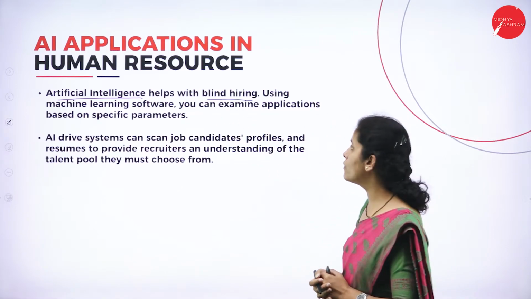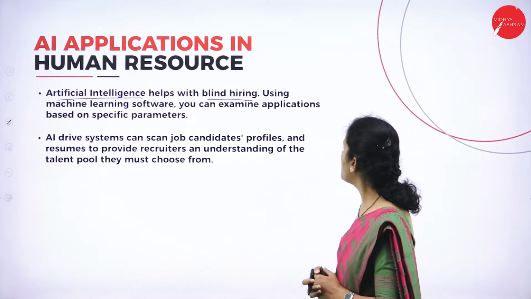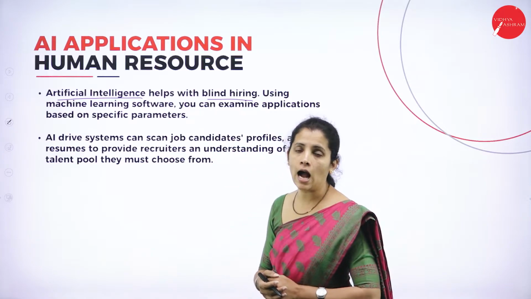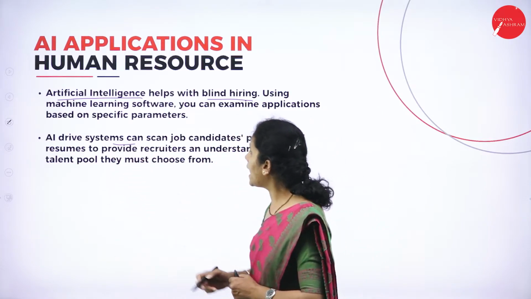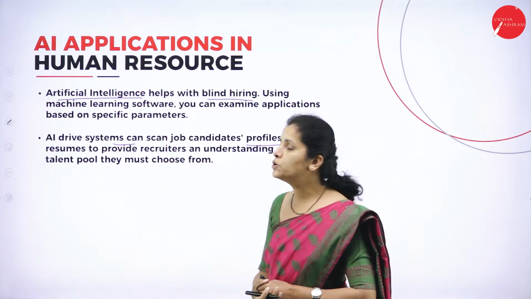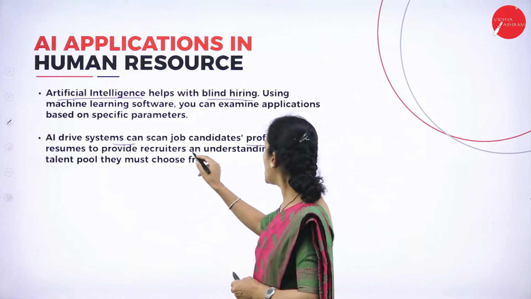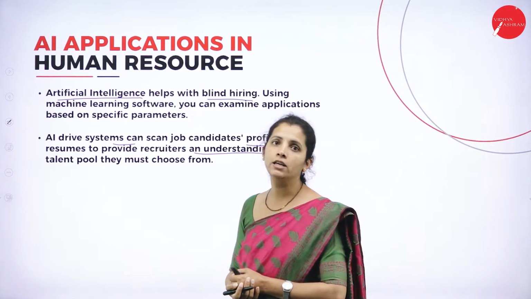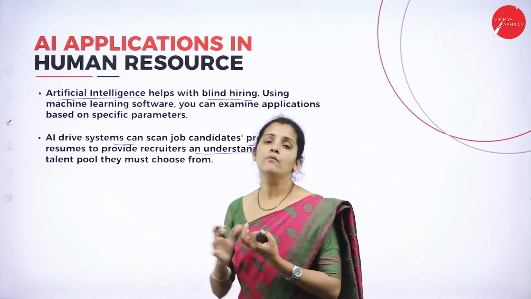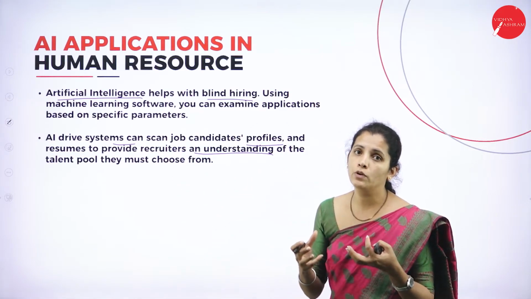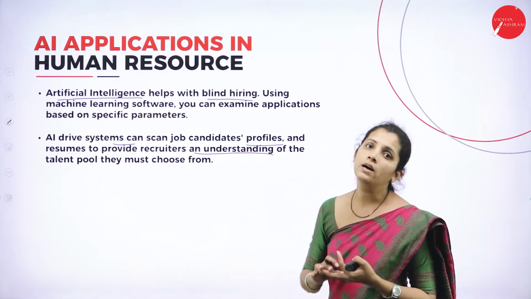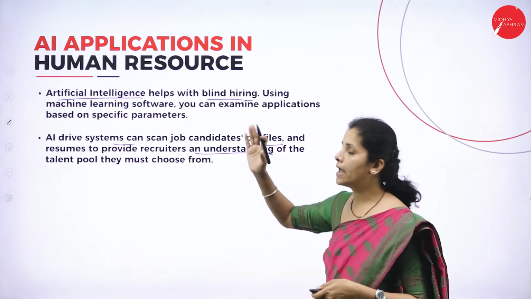Using machine learning software, you can examine applications based on specific patterns, and AI-driven systems can scan job candidate profiles and resumes to provide recruiters an understanding of the talent they must choose from. So by using AI, we can scan a large amount of resumes. Even we can recruit the proper candidate by using AI.